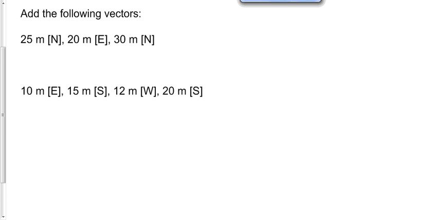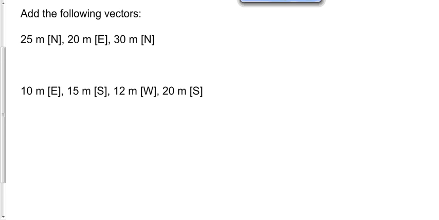If I was to give this question on a test, odds are somebody would say, oh, I can do that. 10 plus 15 is 25, plus 12 is 37, plus 20 is 57. Have we added those vectors? No, we've added scalars, not vectors. We found the distance. That would be the distance traveled, right? Not the displacement.